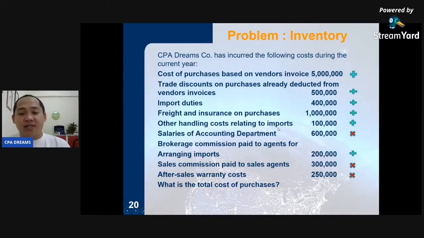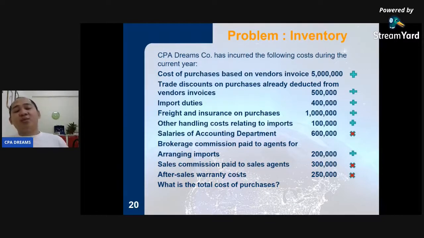Other handling costs relating to imports, kasama yan. Salaries of accounting department, payroll yan, hindi yan kasama. Brokerage commission paid to agents for arranging imports, ito yung other cost in bringing the items to its present condition and location, so kasama yan. Sales commission, selling expenses yan. After sales warranty expense, hindi sila kasama.